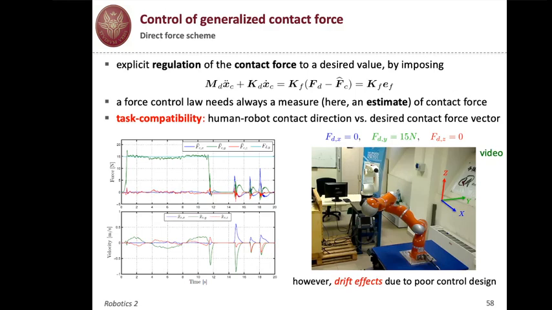So reasoning about this experiment, we realized that in fact you can design the force control in that way, but not in any generic direction. You can only regulate force in the direction where you're pushing, because you're representing a task consistent environment for the robot in that case.